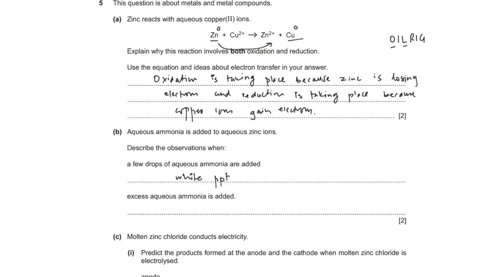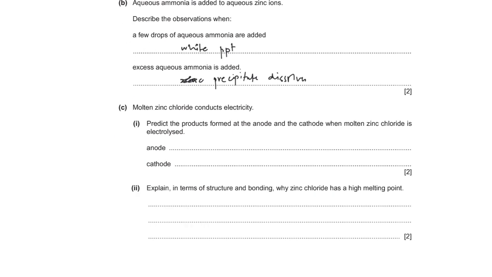So when you add excess ammonia, will the zinc precipitate dissolve, or won't it? You need to know this: in aqueous ammonia, zinc precipitate dissolves. Or you can simply write precipitate dissolves, or ppt dissolves.